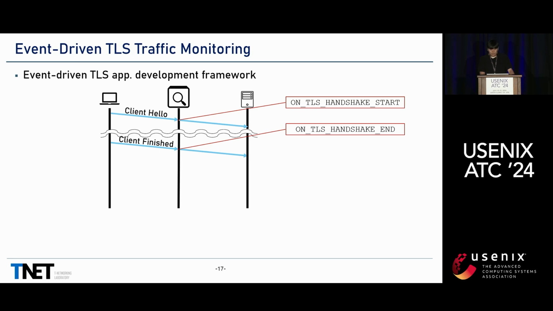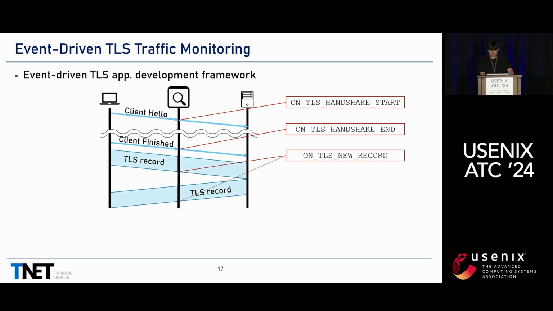To develop a monitoring middlebox, the key event is the on-TLS new record event. It means that the new TLS record is reassembled and it is ready to be read by the application. The developer only needs to register a callback function to write the action on this event.